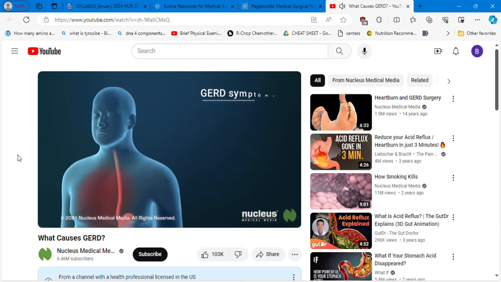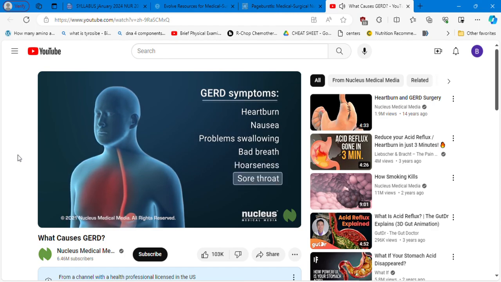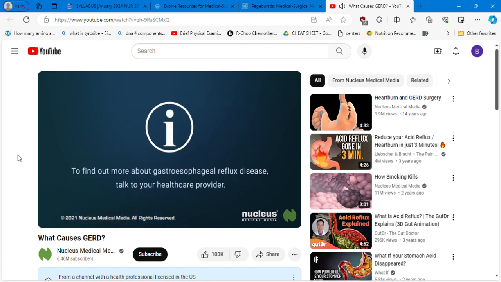The most common symptom of GERD is heartburn. Other symptoms include nausea, problems swallowing, bad breath, hoarseness, sore throat, and bringing food back up, called regurgitation. To find out more about gastroesophageal reflux disease, talk to your healthcare provider.